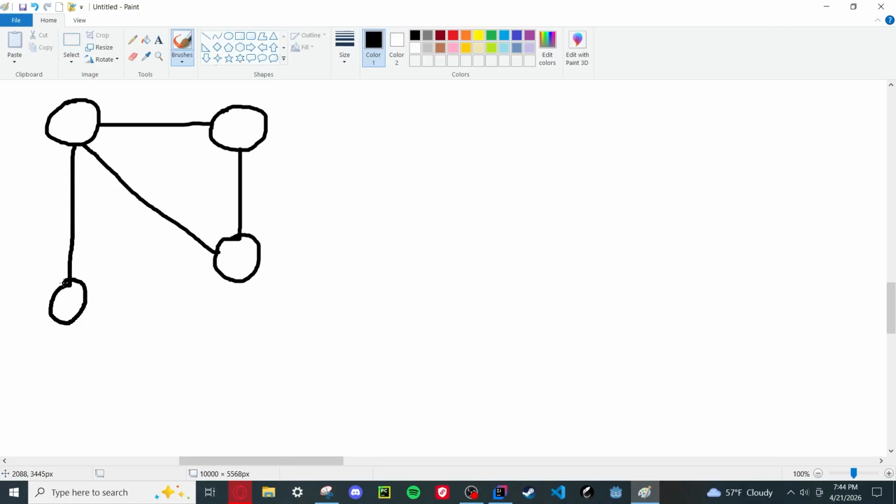Let's do an example. I have this graph right here. Okay, this is 1, this is 2, this is 3, this is 4, this is 5.